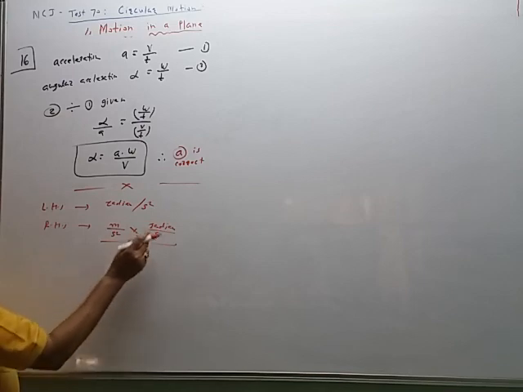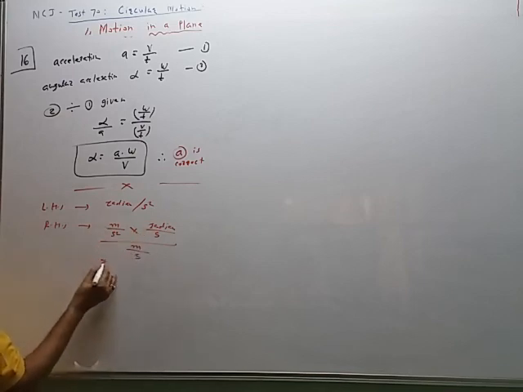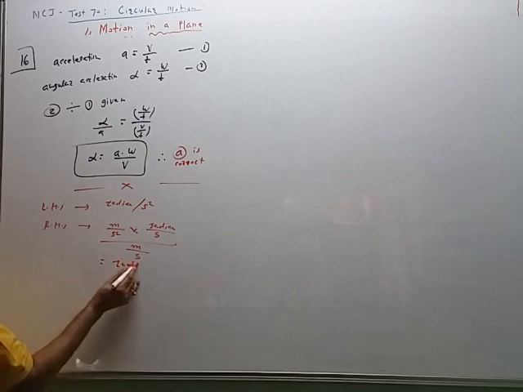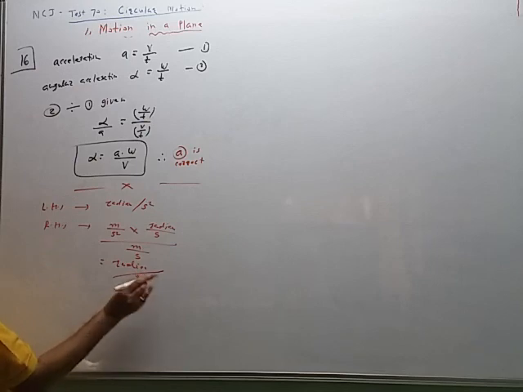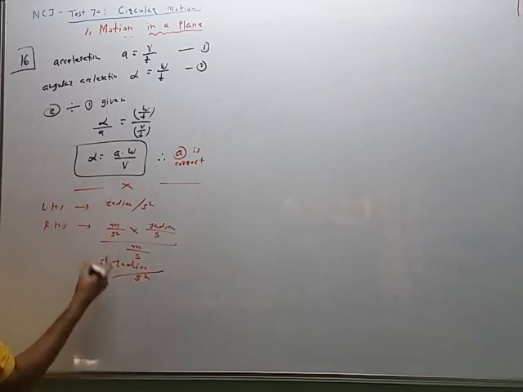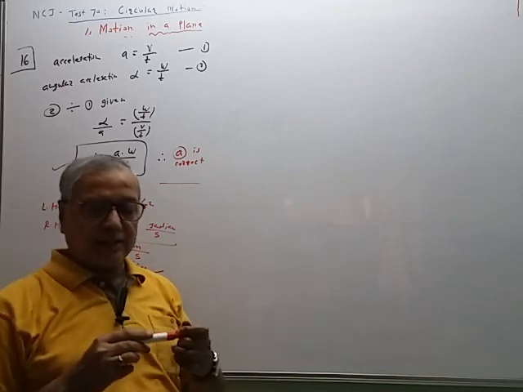So this second will get cancelled, meter will get cancelled. So this is equal to radian per second square. So LHS and RHS have the same unit. So the equation is dimensionally or unit wise correct.